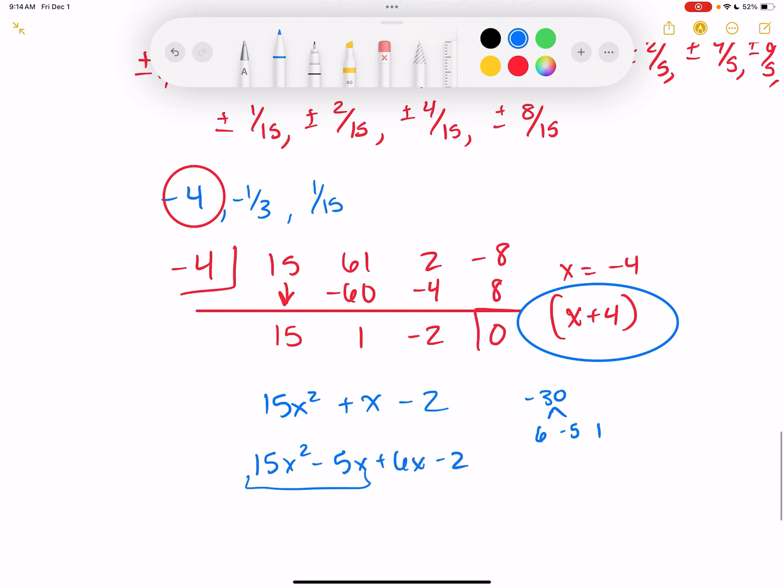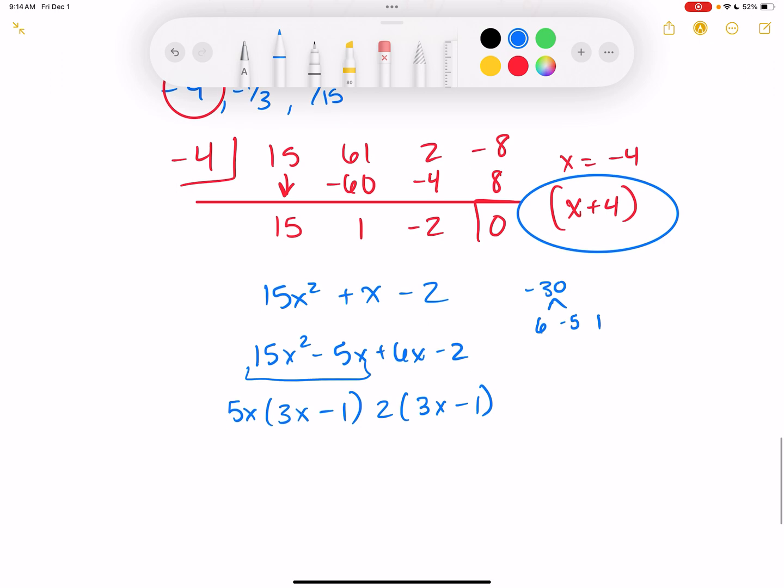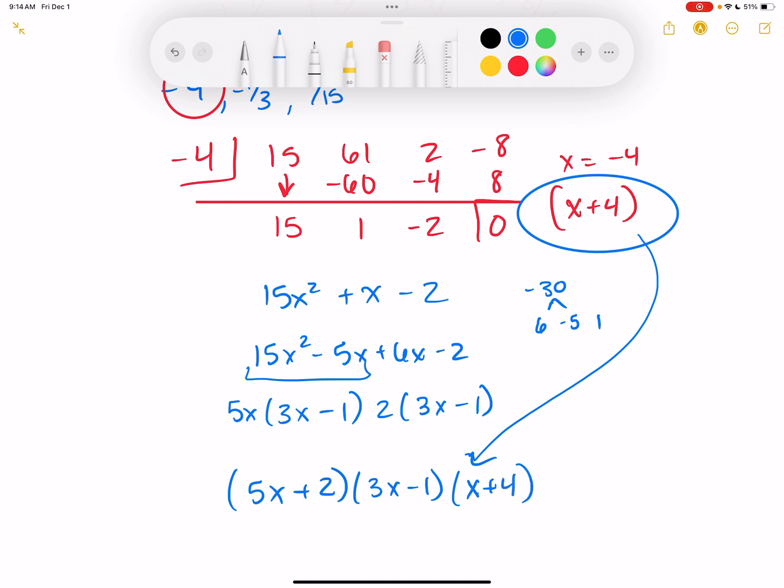Factor by grouping: take out a 5x, leaves me with 3x minus 1. Take out a 2, leaves me with 3x minus 1. So that means my factors would be 5x plus 2, 3x minus 1, and then don't forget to bring down this other one, so times x plus 4. And that would be it factored.